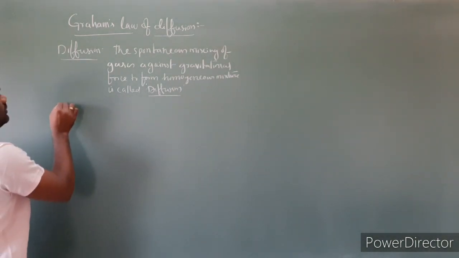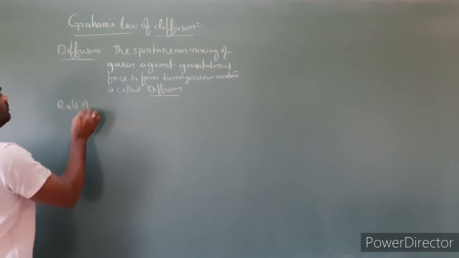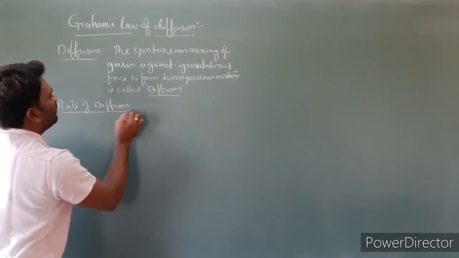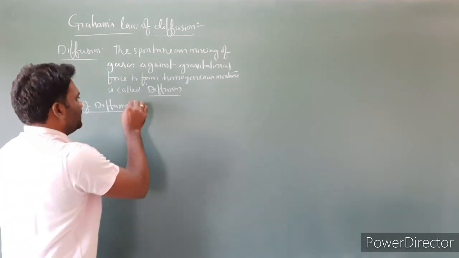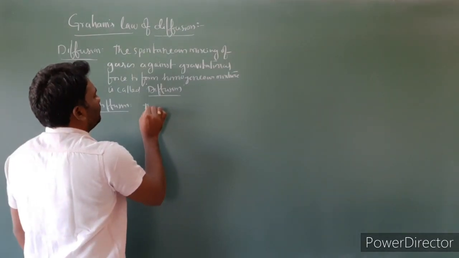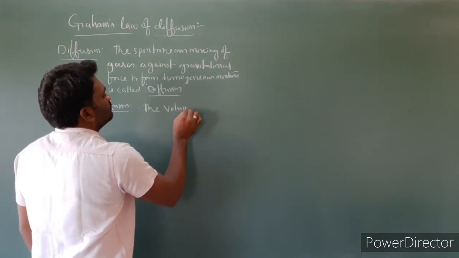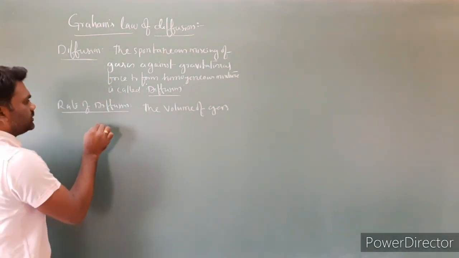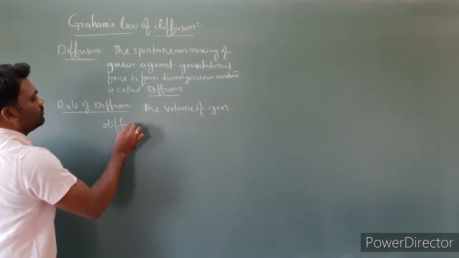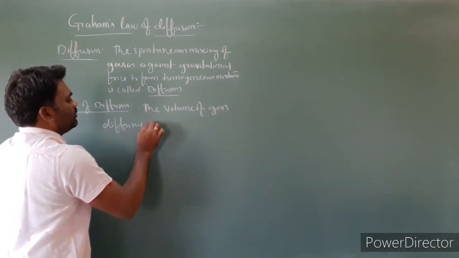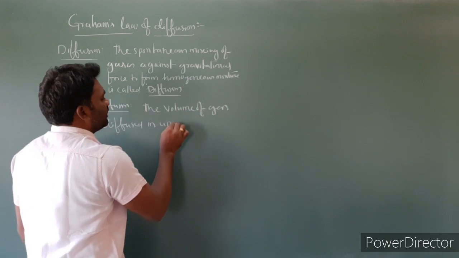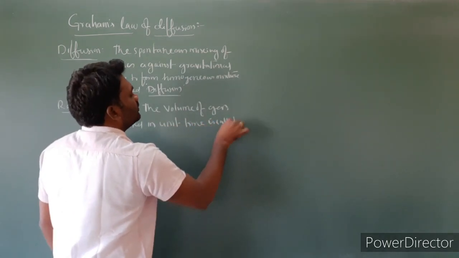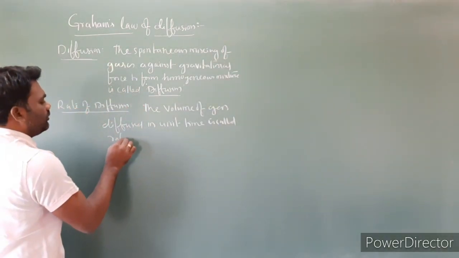Next, rate of diffusion. The rate of diffusion definition is the volume of gas diffused in a unit time is called rate of diffusion.